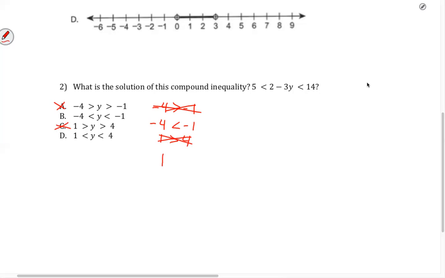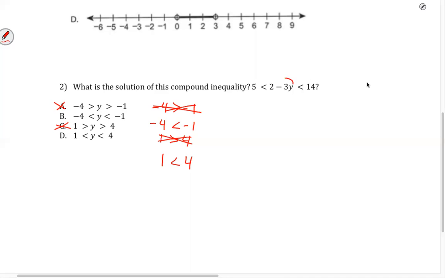So let's look at the last one, right? Does that make sense? Yeah. So now, just because I looked at my answers to see which ones actually make sense mathematically, I'm down to a 50-50 shot. Now, you could take a guess from here, and your odds are pretty good. The other thing I would think about is this.